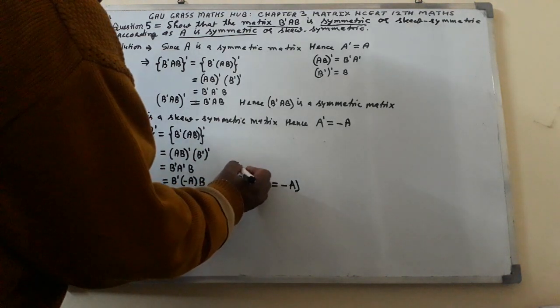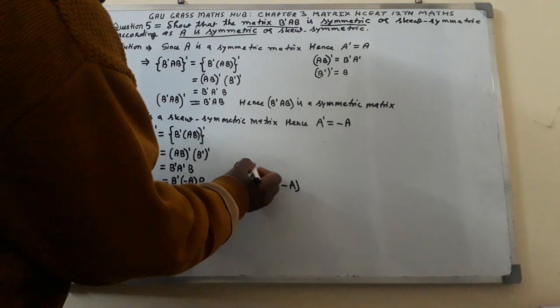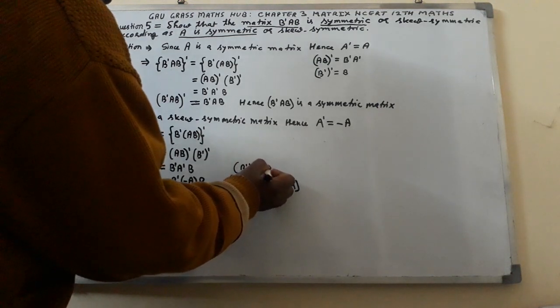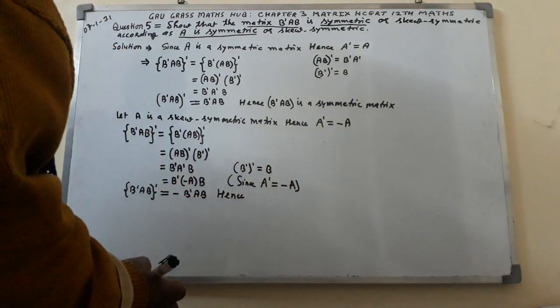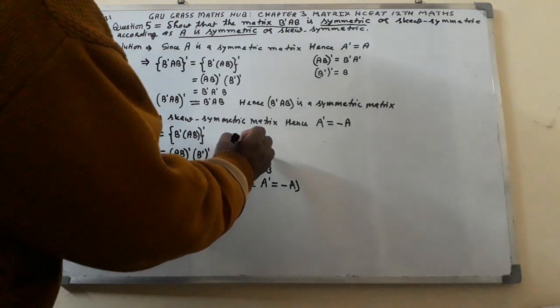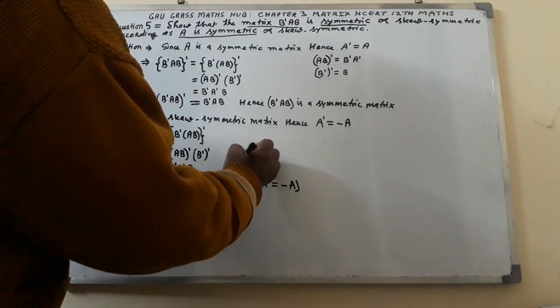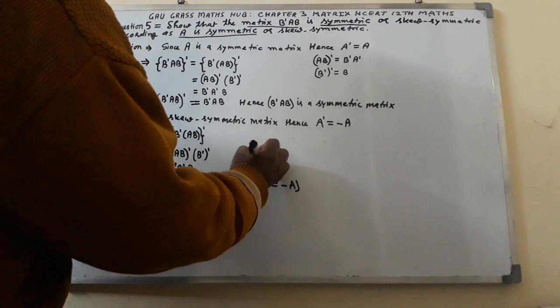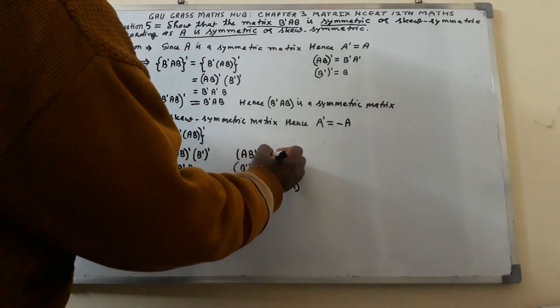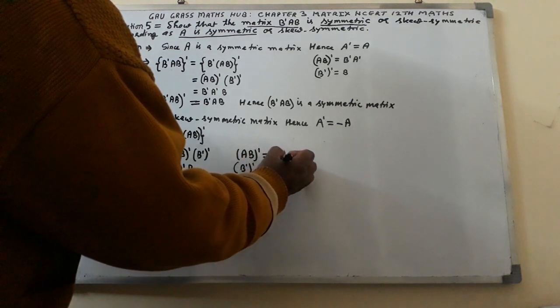And here write B dash whole dash is equal to B. Here you can see the transpose of AB equal to B dash A dash.